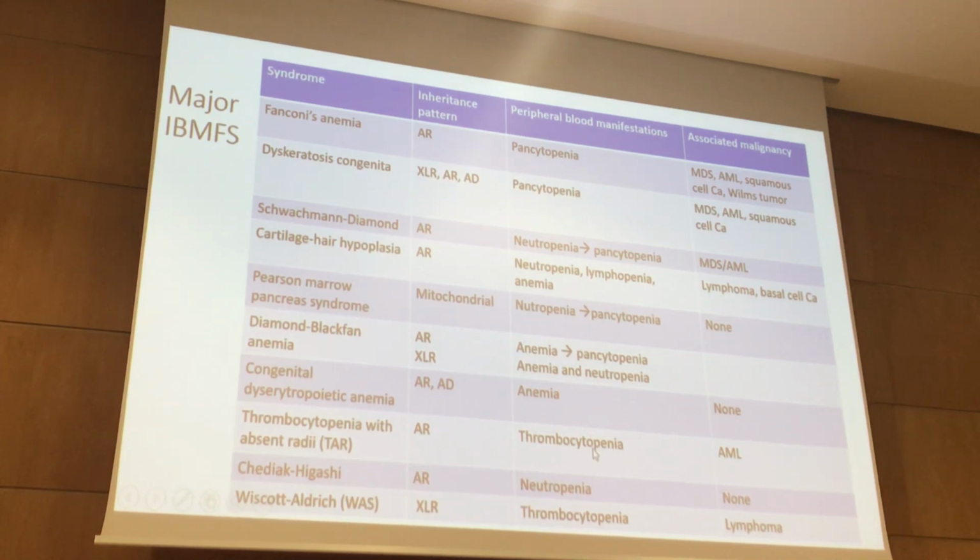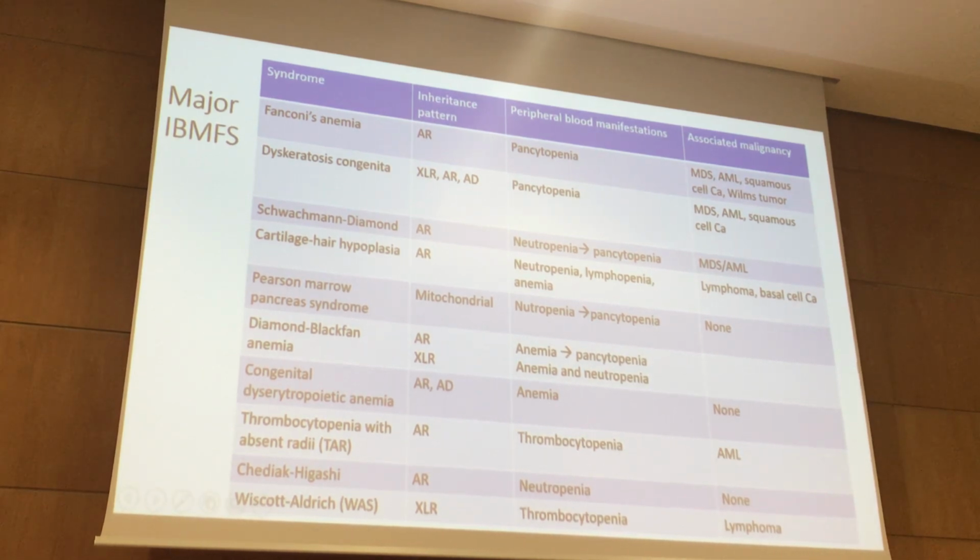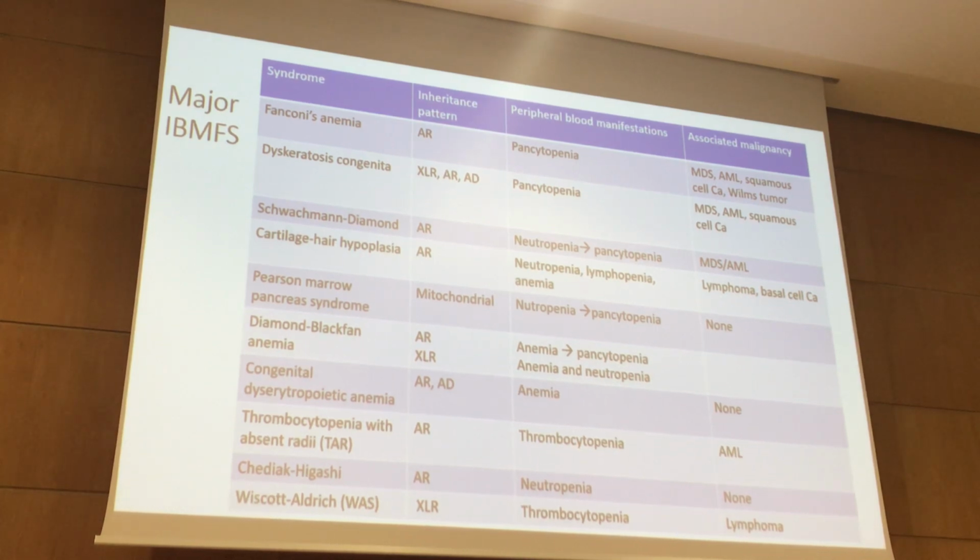There is only thrombocytopenia in those cases, no anemia or neutropenia. Chediak-Higashi and Wiskott-Aldrich are actually multi-system disorders, but they present with neutropenia or thrombocytopenia, and they are immune deficiency disorders. And as you can see in the last column, many of these disorders are associated with malignancies, especially hematopoietic malignancies.